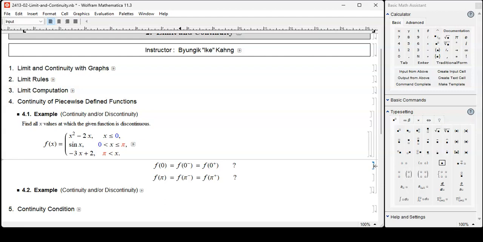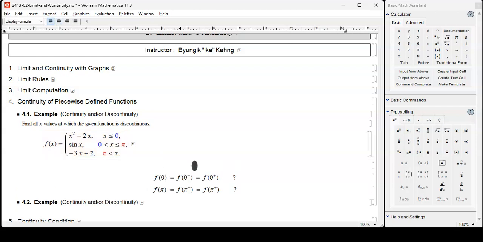Now, how do I find f of 0? Well, first line or second line? There's no chance we have the third line, so we have either this or that. f of 0 is the first line because we have the semi-inequality there.